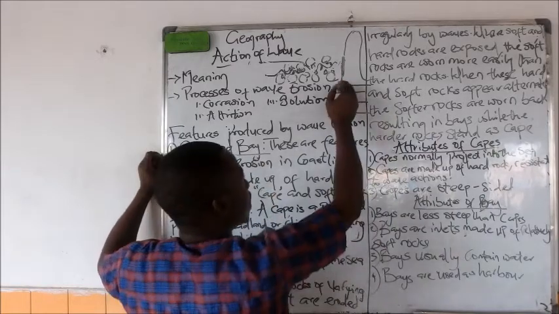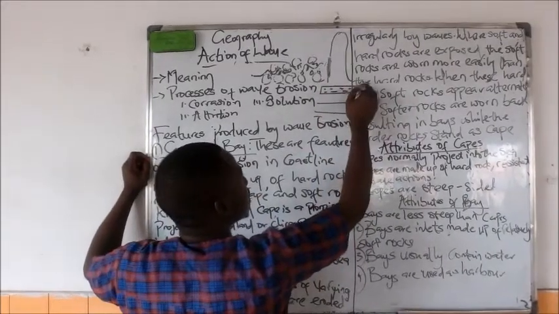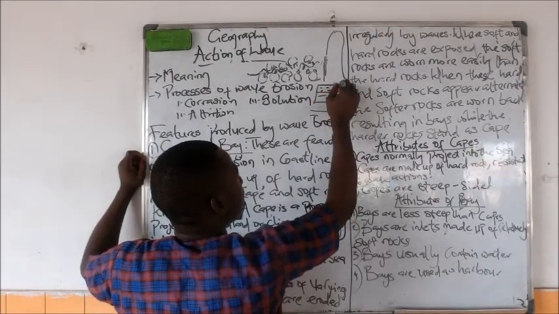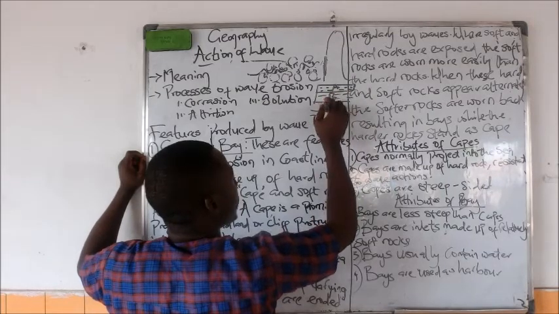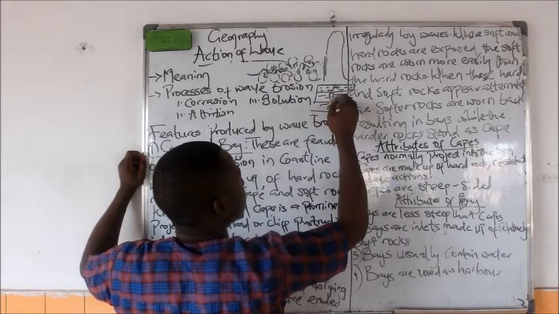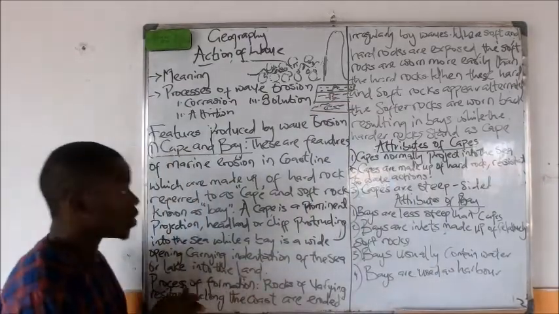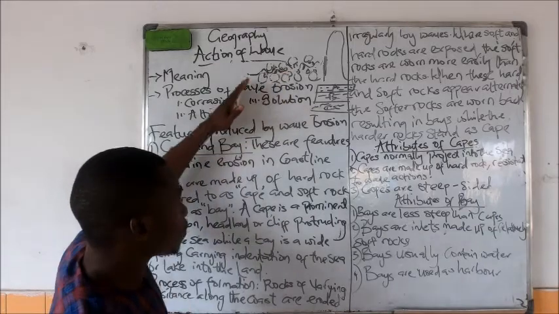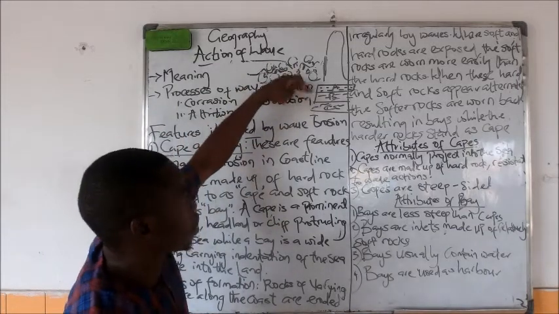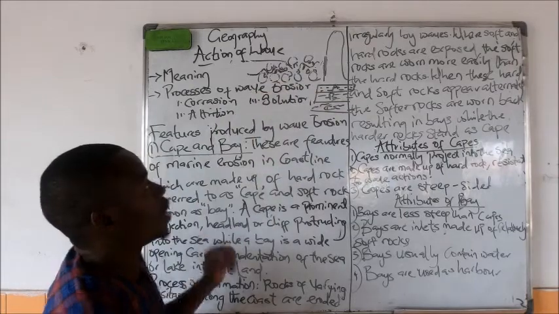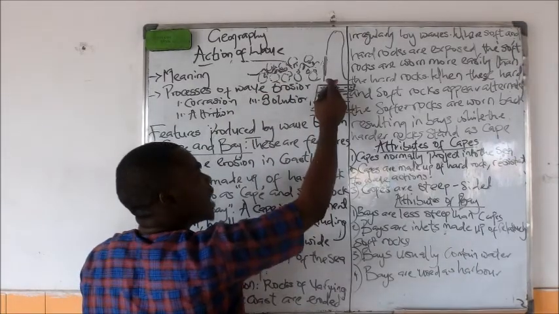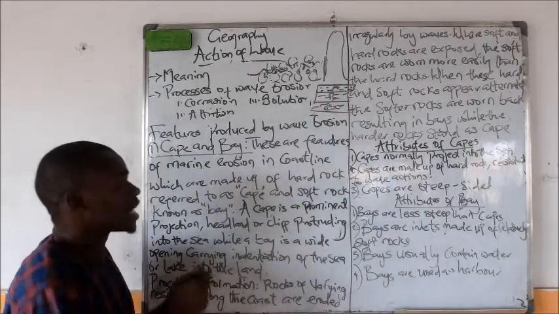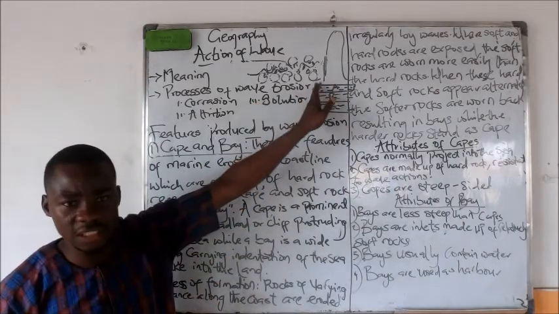Let's say this one is rock A and this is rock B. And let's say this is rock C. Now, what happens is that when water wave hits the body of this rock, rock A, rock B, and rock C have different resistance to marine erosion.